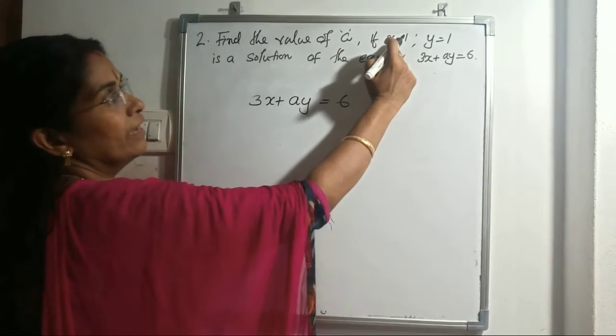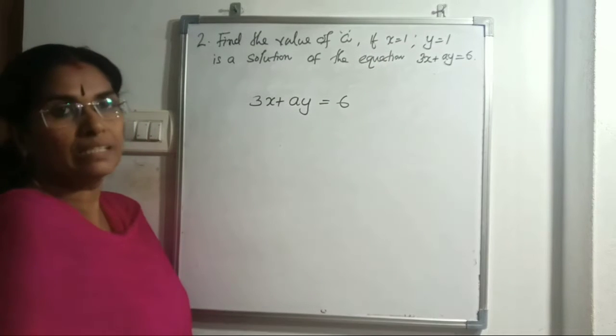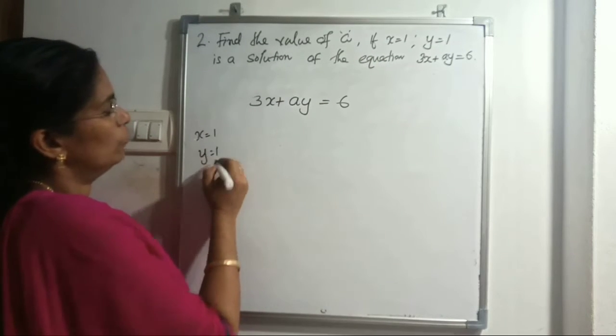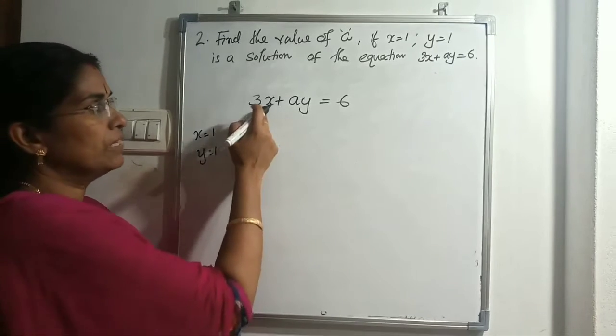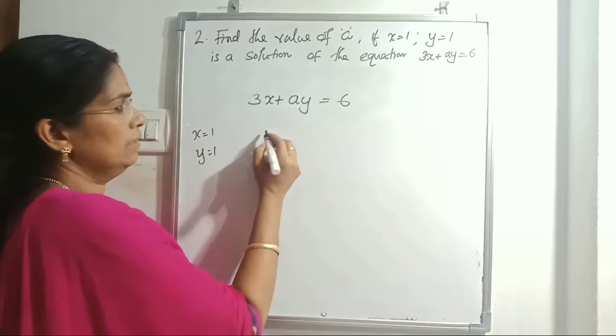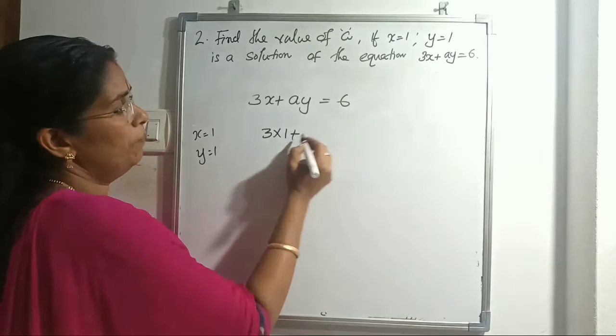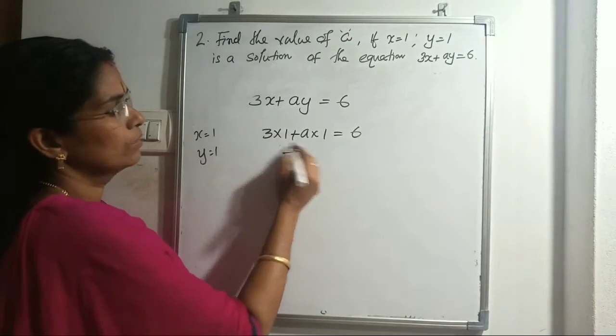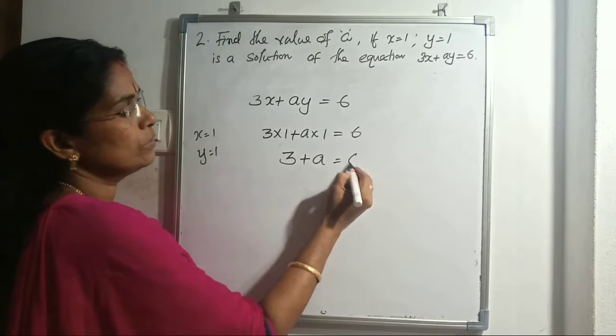What is given? The x and y values are given. That is, x equal to 1 and y equal to 1 is the solution of the equation, which means we can apply here 3 into 1 plus a into 1 equal to 6, or 3 plus a equal to 6.